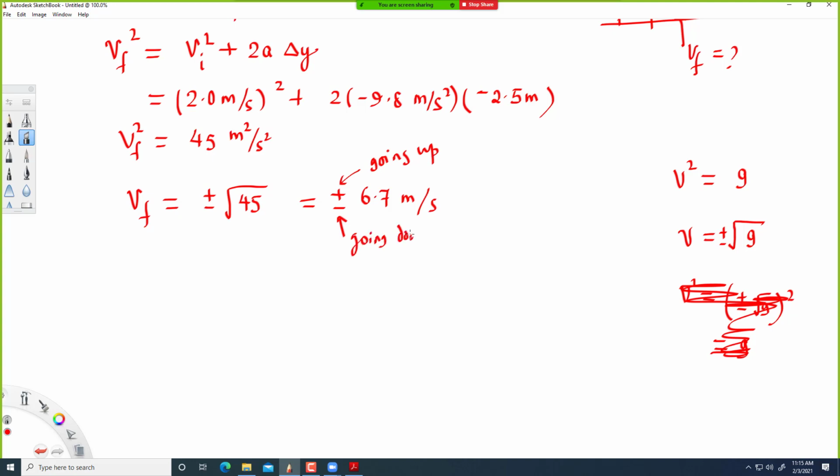In our case, it's going down, so our answer should be negative. Okay, the positive is irrelevant. So negative 6.7 meters per second, because the object is moving down. Okay. So let's look at number 3.